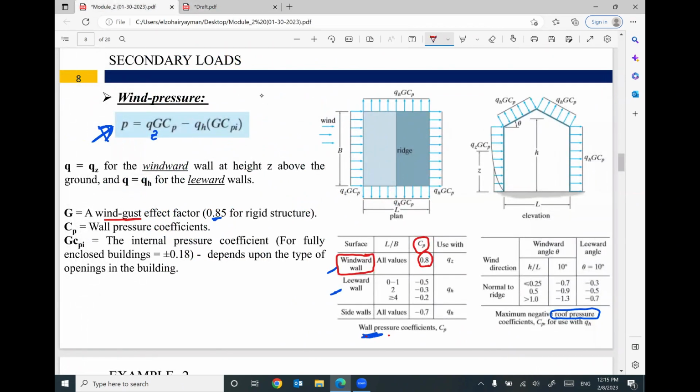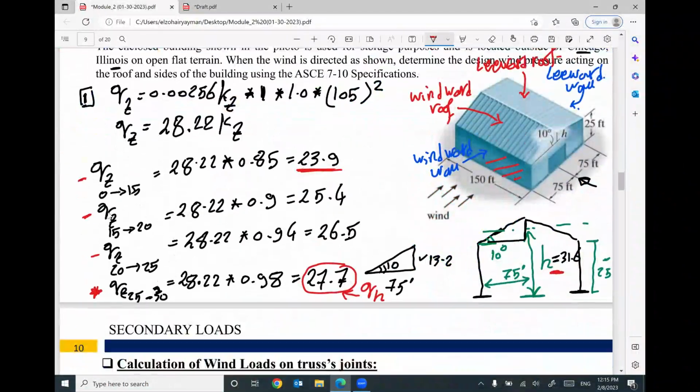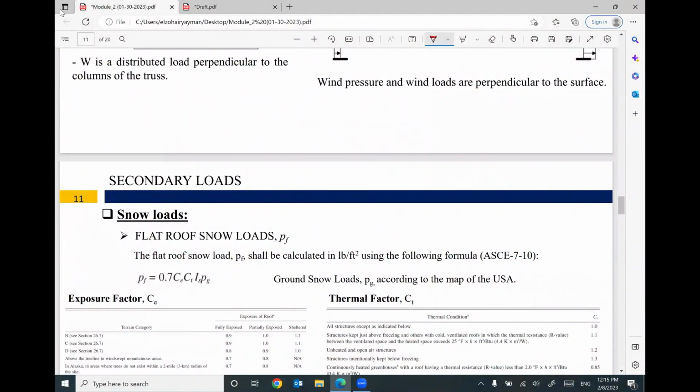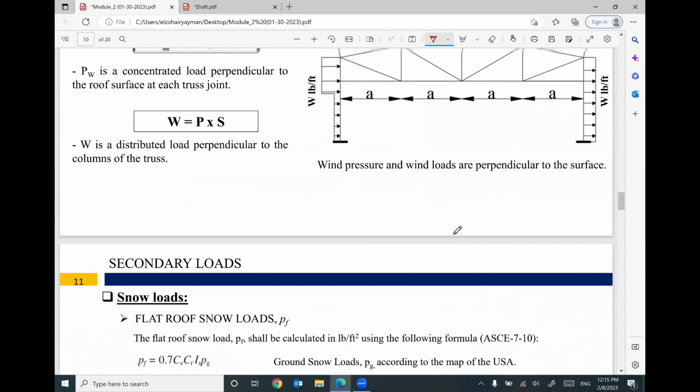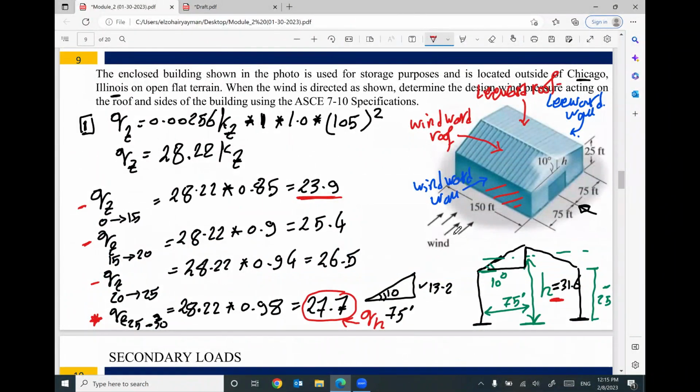We have a special value for QZ. The special value for QZ at the top is also QH, 27.7.